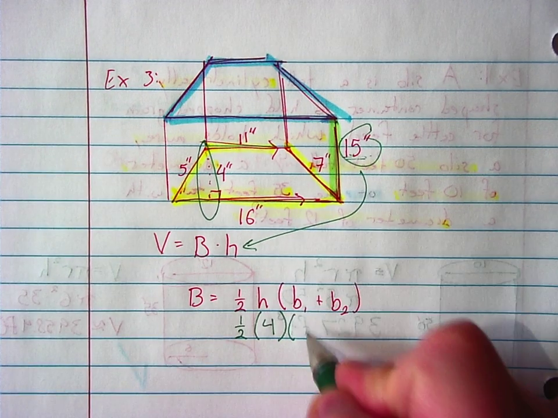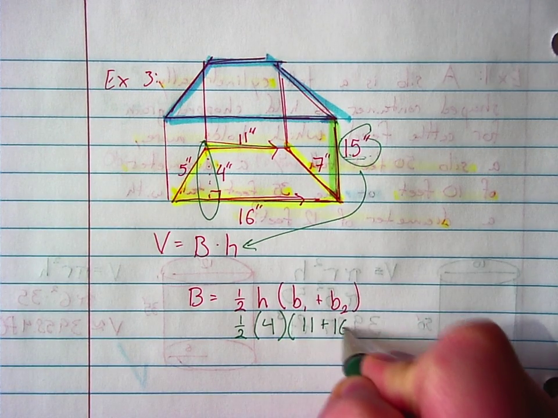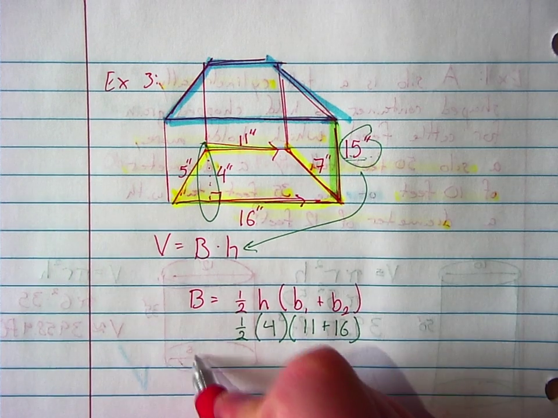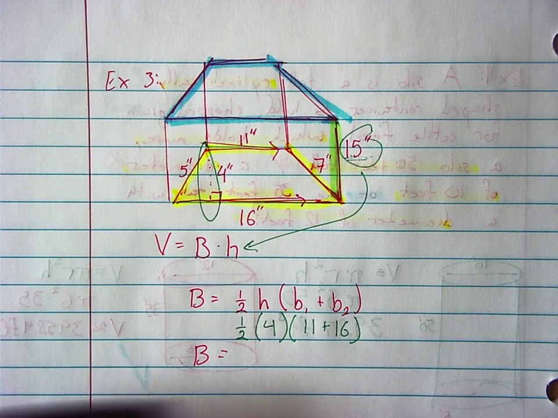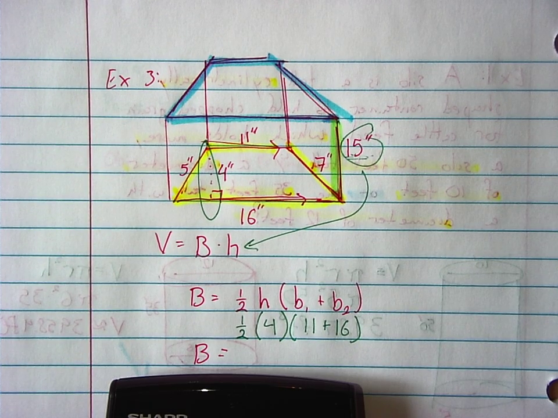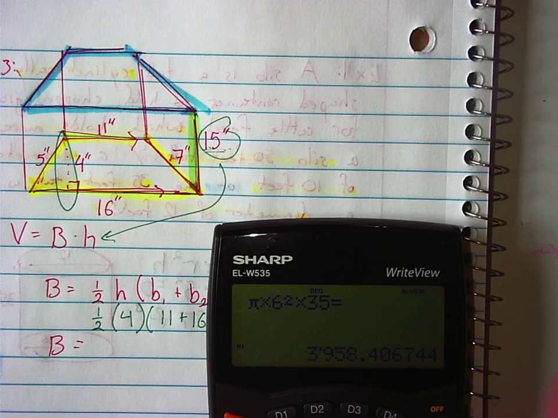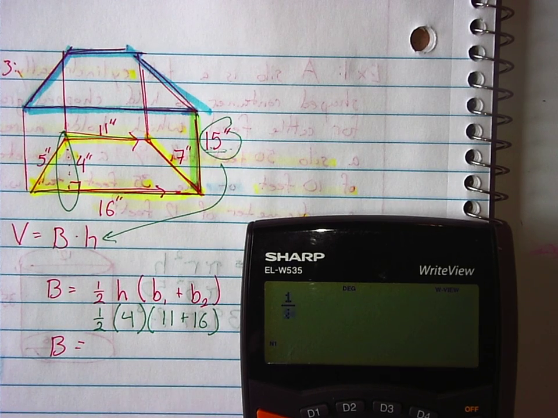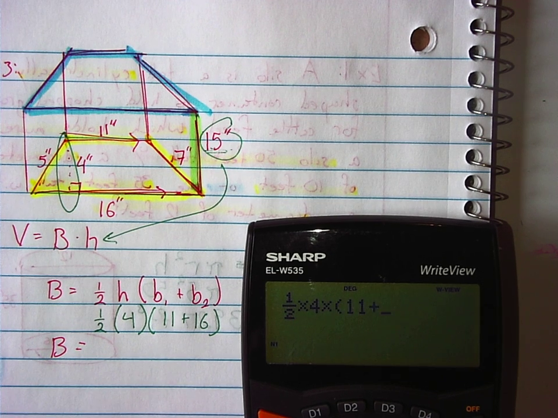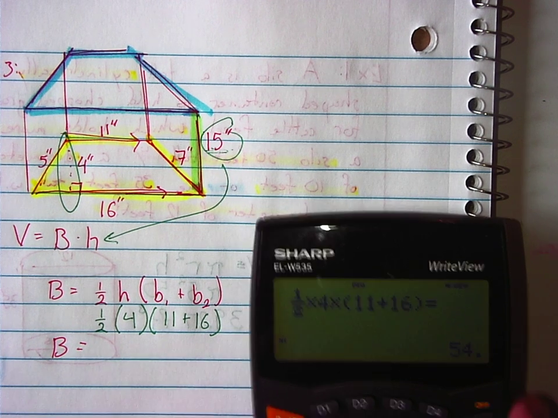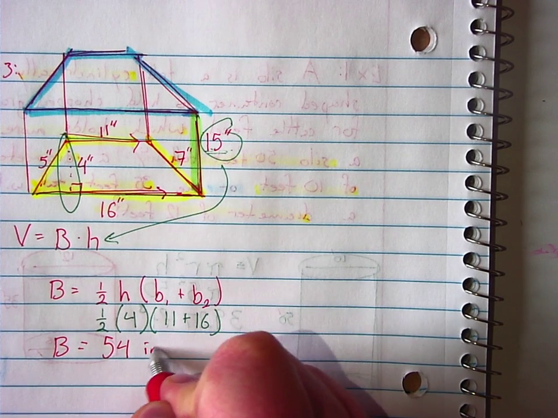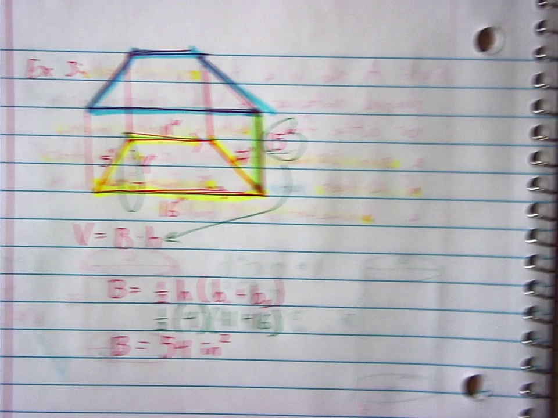What are my bases? 11 and 16. So my base is 1/2 times 4 times 11 plus 16, 54 square inches.